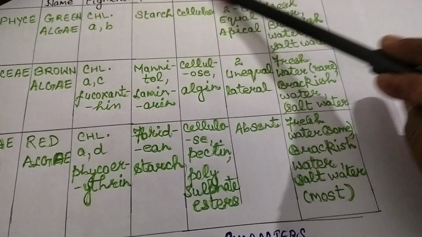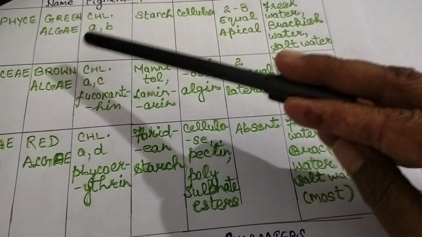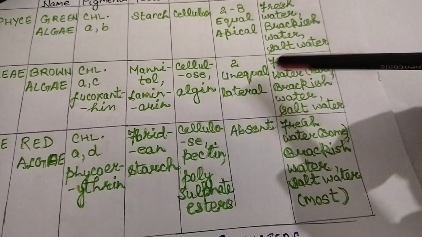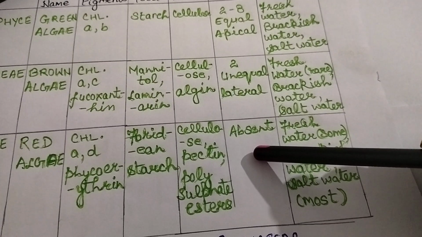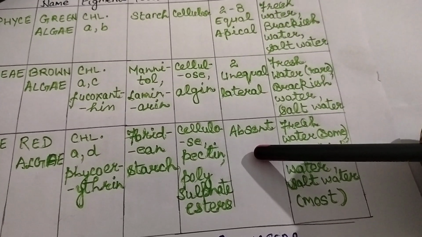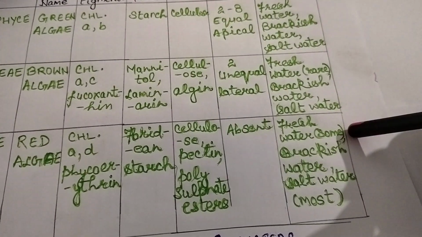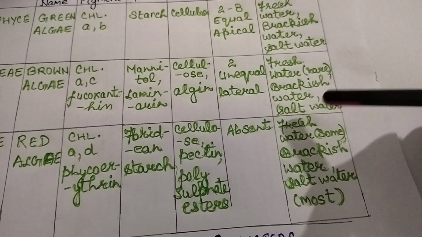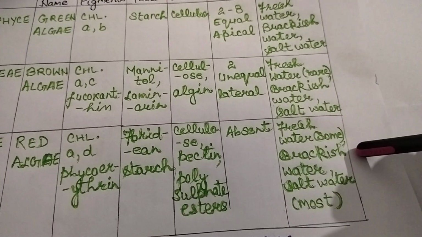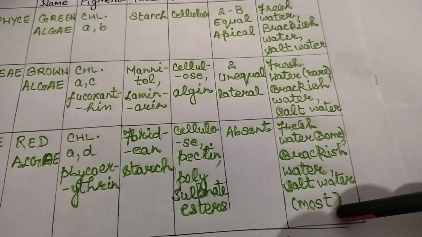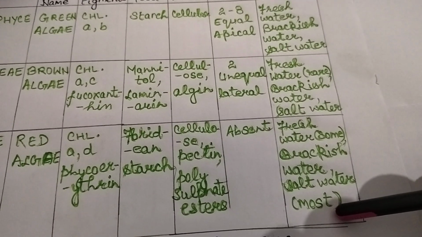I have taken all distinguishing characters and you can compare them according to the character and learn them. Flagella are absent in Rhodophyceae. They are non-motile. As for habitat, some of the Rhodophyceae are freshwater, they are found in brackish water, and most of them are found in salt water. So this was all about algae.